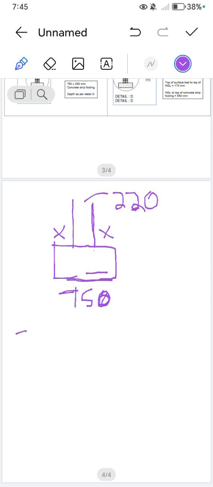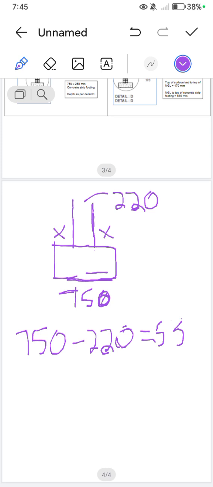We have this 750, then we deduct the 220, then this is going to give us 530. So the 530 is the portion that's left after we deduct this 220 in the middle.